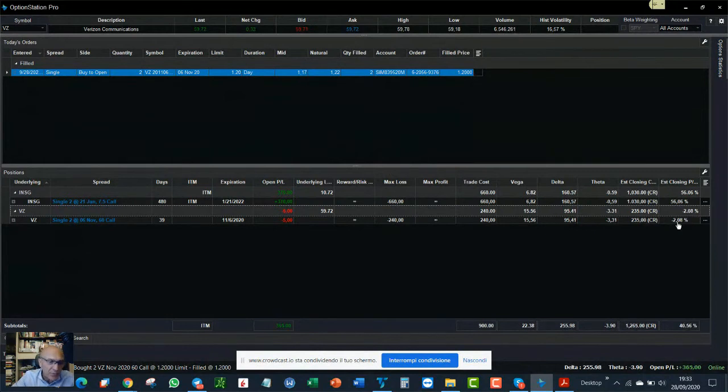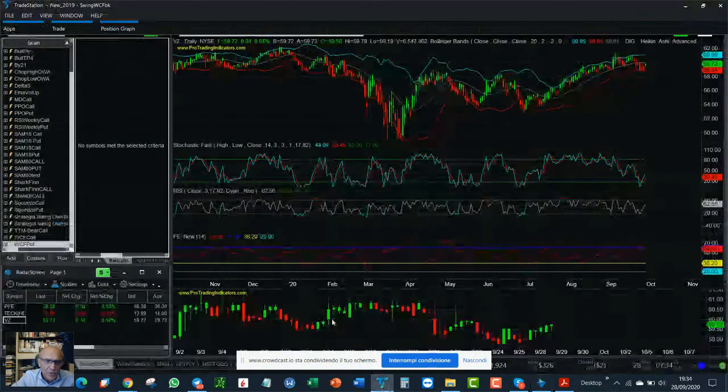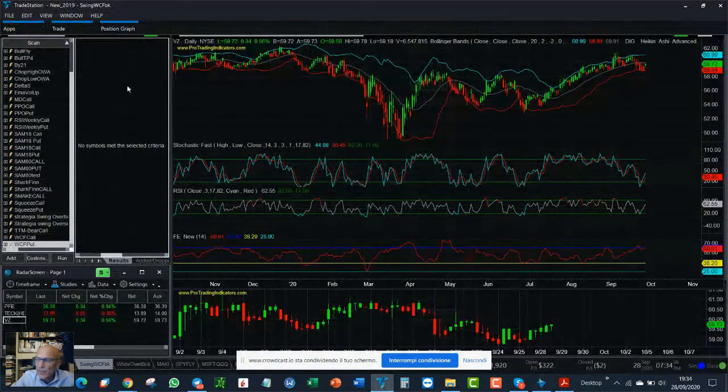A good way of operating with this system is starting on Monday. On Monday, you just go through the scan, check if there are any stocks that match the criteria, then you check all your rules, and once you find them, you put them on the candidates list.